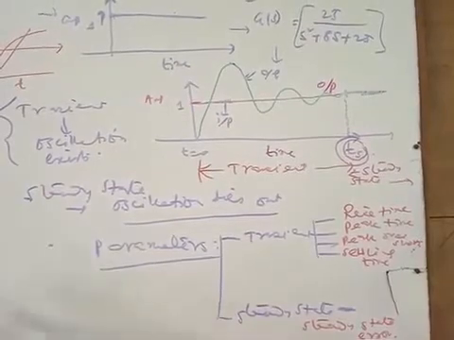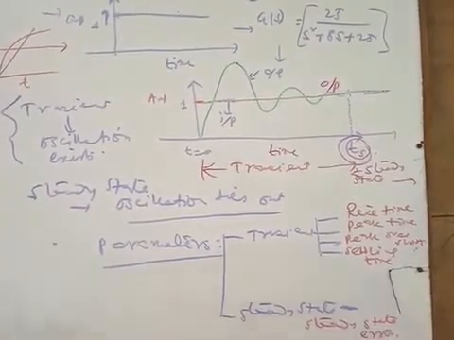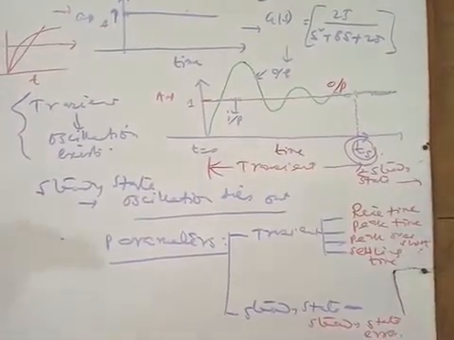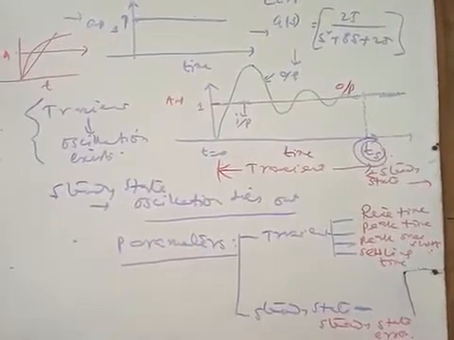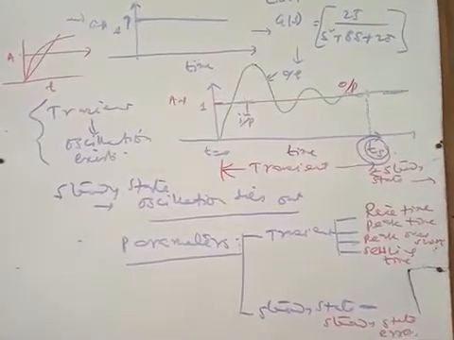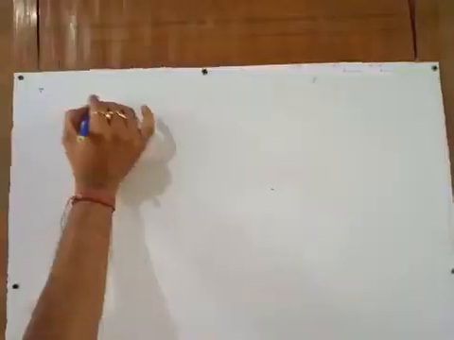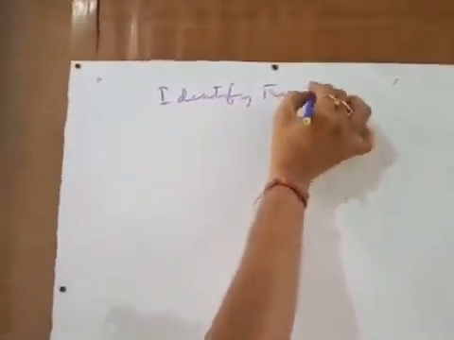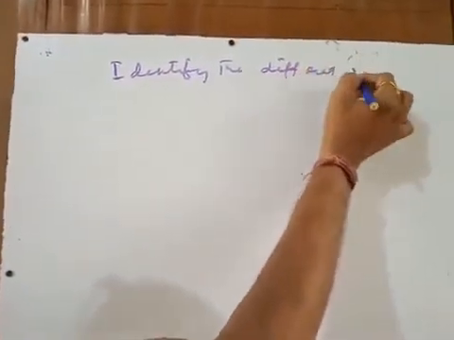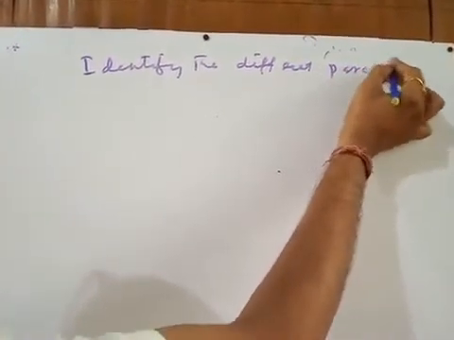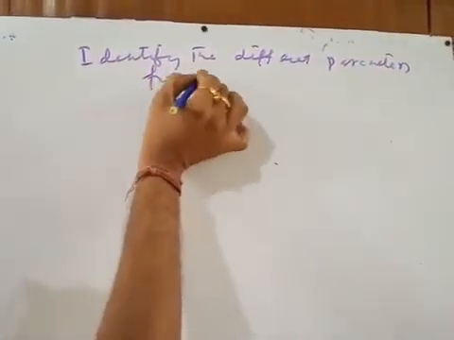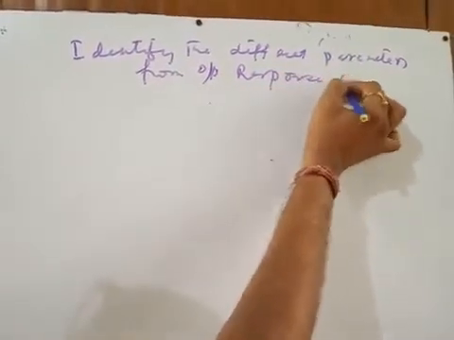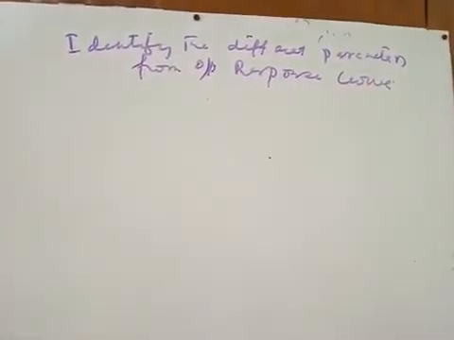Now you know these parameters, and I am going to discuss in detail the different types of input and different orders of the system, and how the output curve actually looks. We will identify the defined parameters from the output response curve, right?